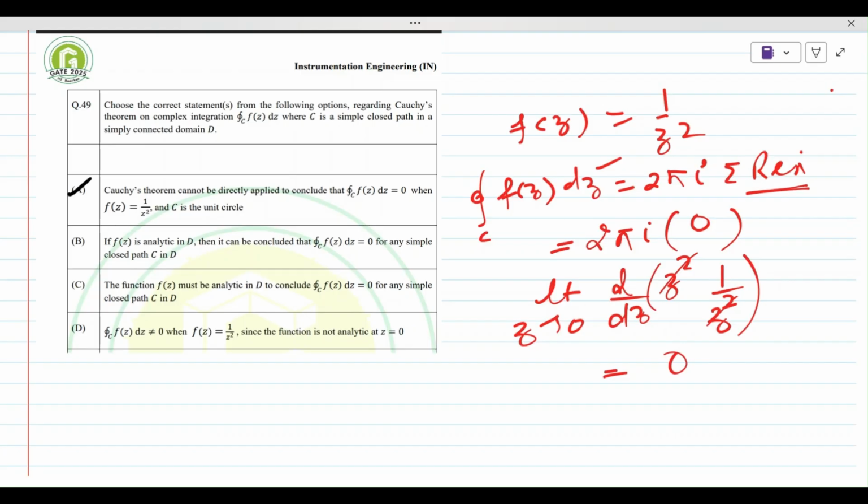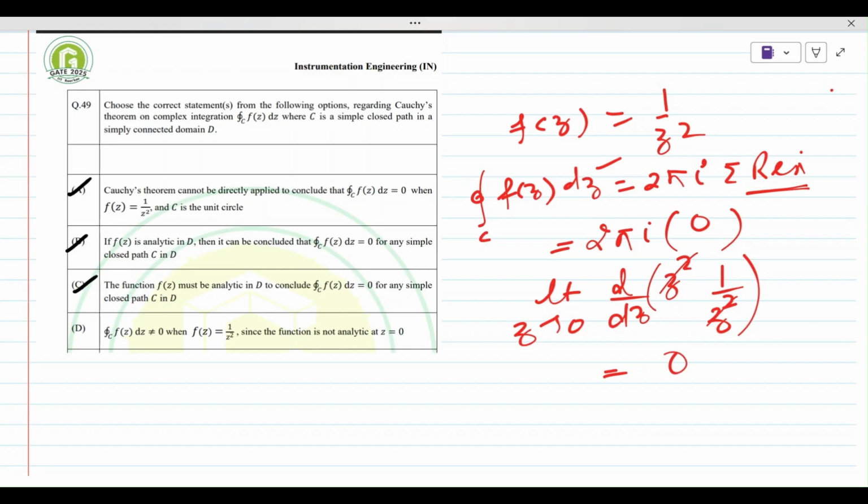The second option is, if f of z is analytic in D, then it can be concluded that the integral is equal to 0 for any simple closed path C in D. Yes, that is Cauchy's theorem. If the function is analytic in domain D, then the integral becomes 0 within the closed path C. The function f of z must be analytic, right? If the function is analytic, then we can conclude the integral is 0.